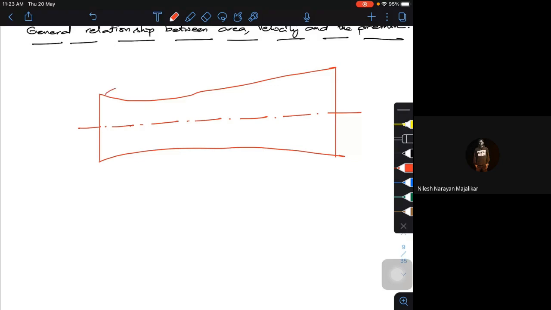The outer surface is completely insulated, so there is no heat interaction. And the steam is entering, this is my steam inlet, and this is my steam outlet or exit.